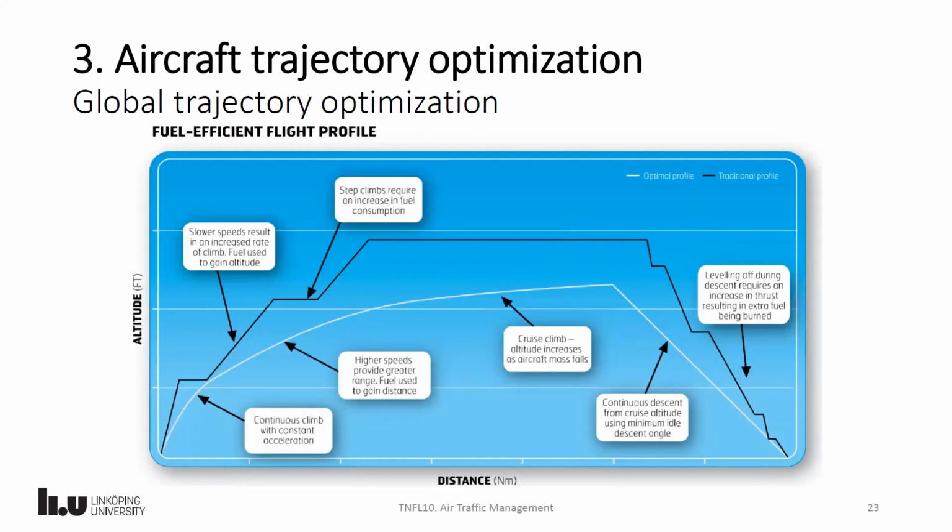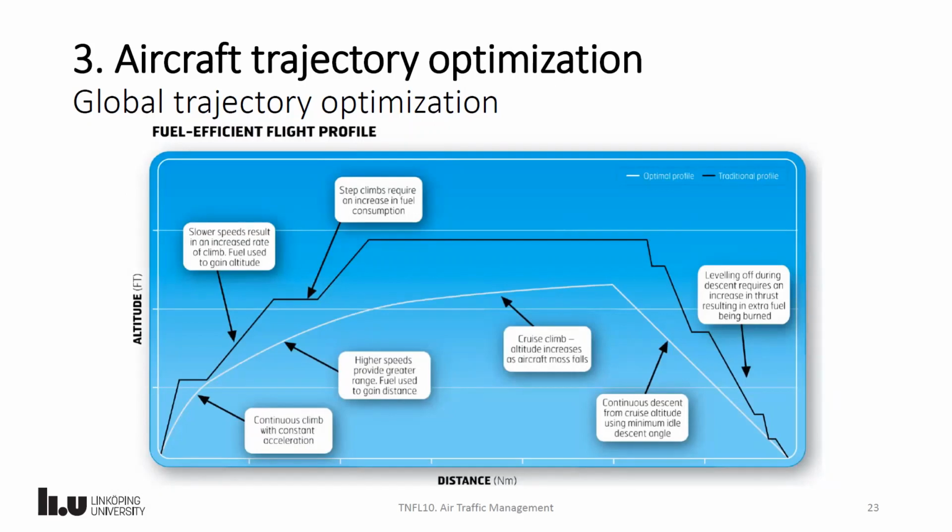the optimal one. So you can see it's all very smooth, very theoretical, but the good part is that aircraft can actually fly these trajectories using the computers on board.